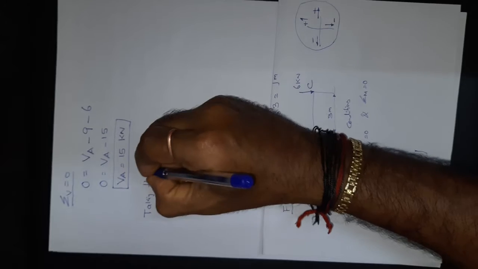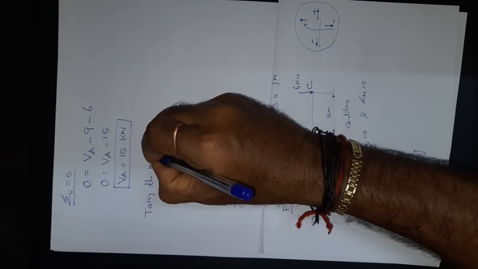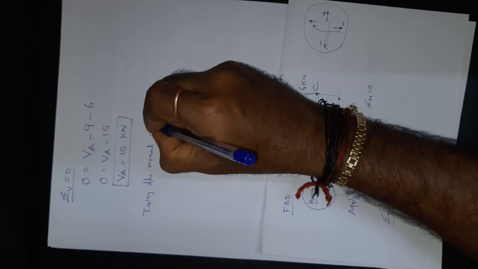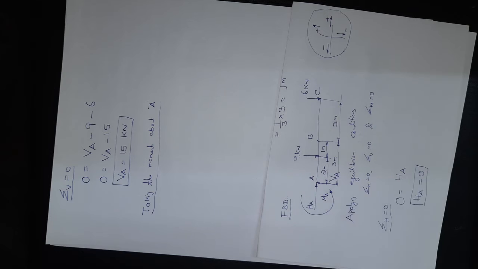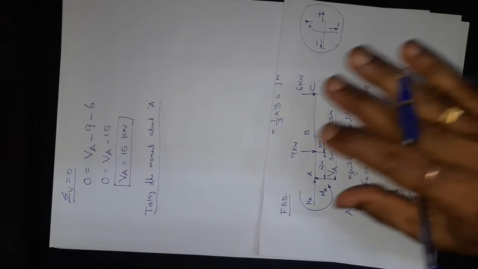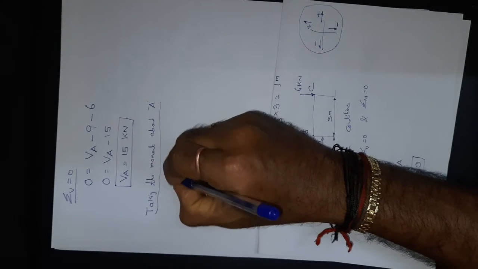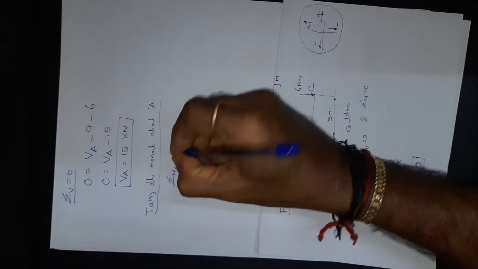Next, I am going to take the moment about point A. Right. So sum of moment A equal to 0.